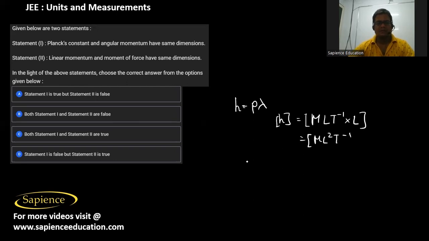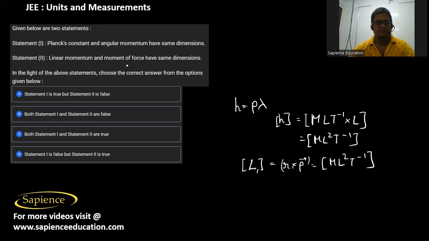And for angular momentum, it is equal to r cross p, so its dimensional formula is also M L square T power minus 1. So they have the same dimensions, Planck's constant and angular momentum.